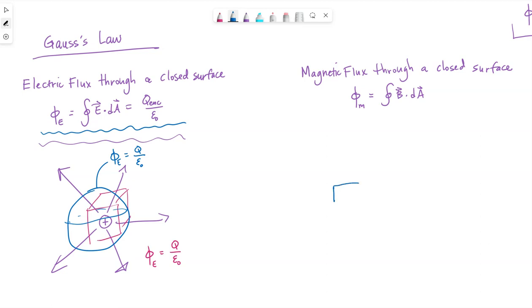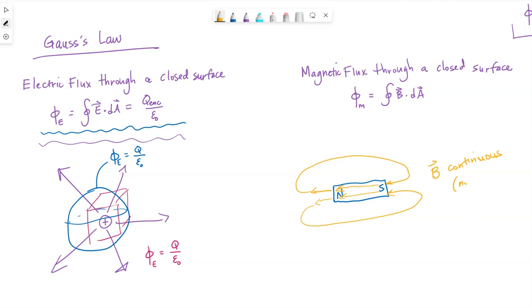Well, magnetic flux. Let's think about a bar magnet. North end, south end. We know the magnetic field points out of north, wraps around, comes back into south, continues inside south to north. The magnetic field is always continuous, regardless of what's creating it. There's no start or end to the magnetic field.